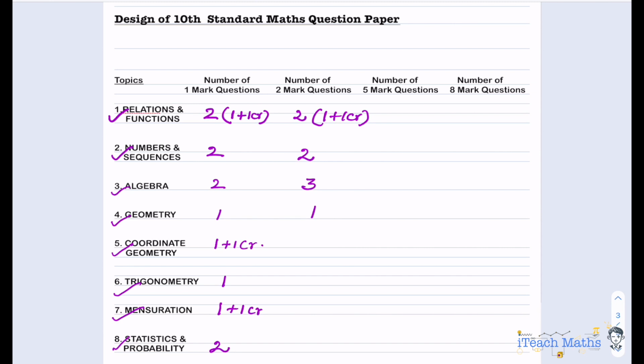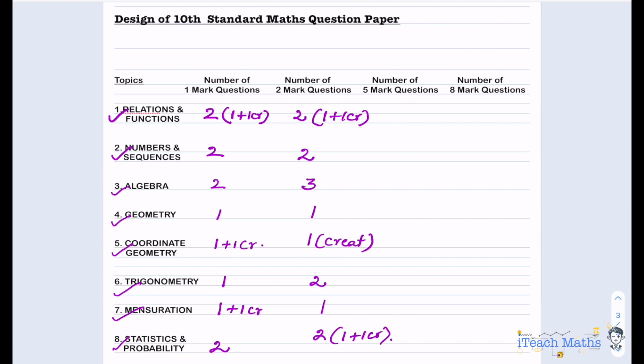The fifth one is a created question. The 6th chapter has 2 questions. The 7th one has 1 question and the 8th chapter has 2 questions, 1 from the text and 1 created.